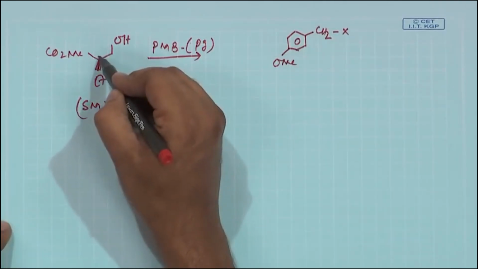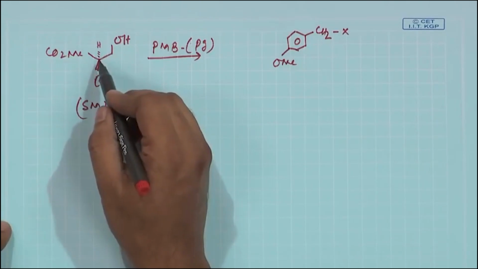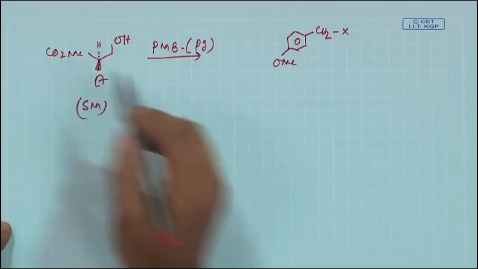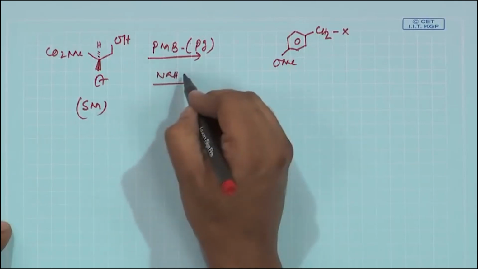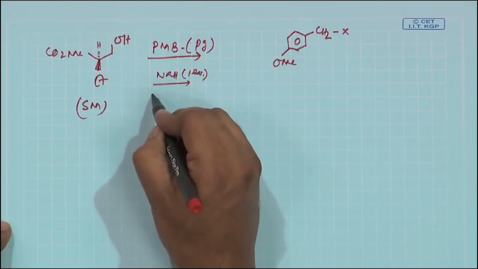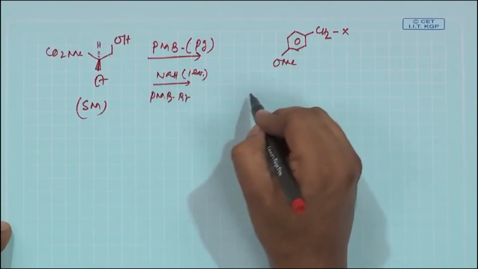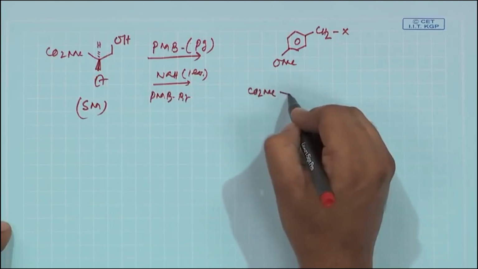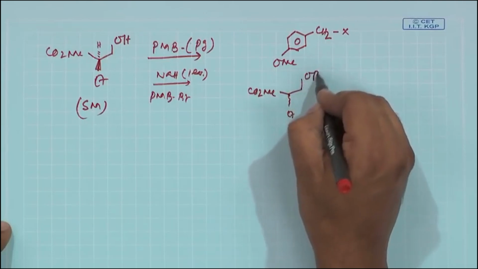Now, here if you analyze this compound, the stereocenter has a hydrogen which seems to be acidic due to the electron withdrawing effect of the CO2Me group. So, normally if you try to protect by a standard base mediated reaction with one equivalent of sodium hydride and PMB bromide, you will definitely get the protected compound.